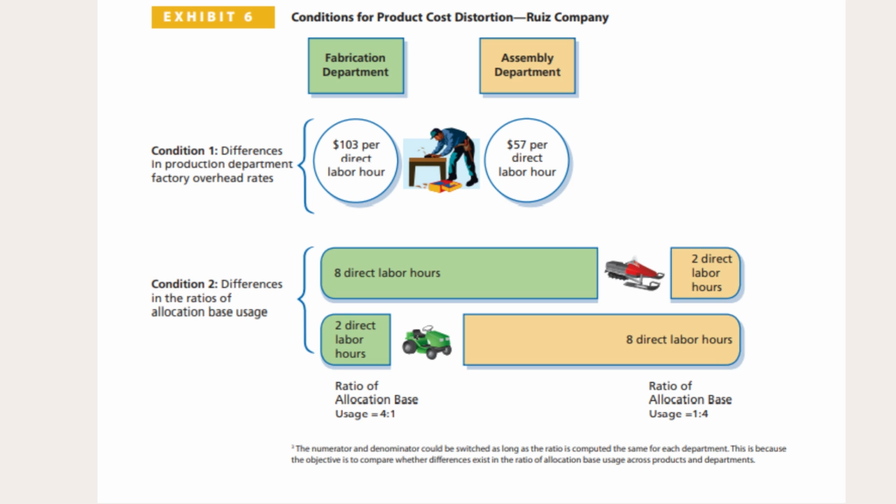We also have the ratio of allocation based usage in the assembly department, using the same formula: 2 hours over 8 hours, so we have a 1 is to 4 ratio. Because both conditions exist for Ruiz Company, the product costs from using the single plant-wide factory overhead rate are distorted.